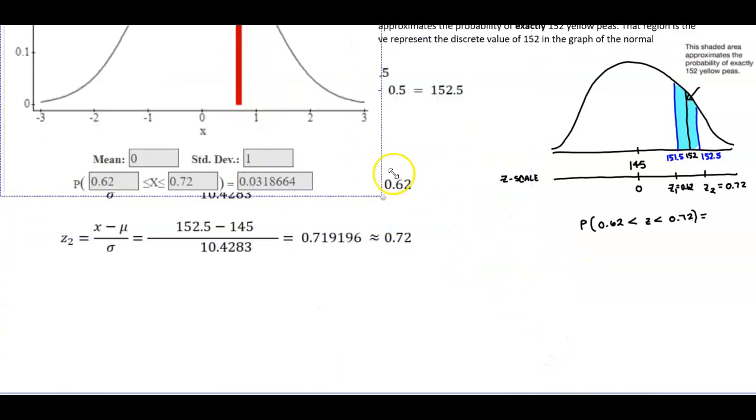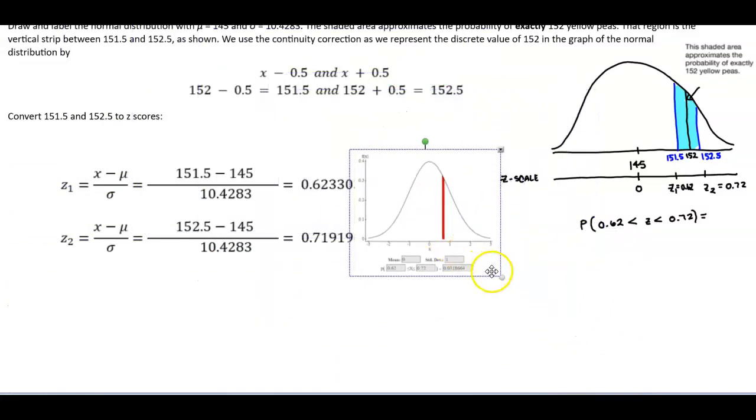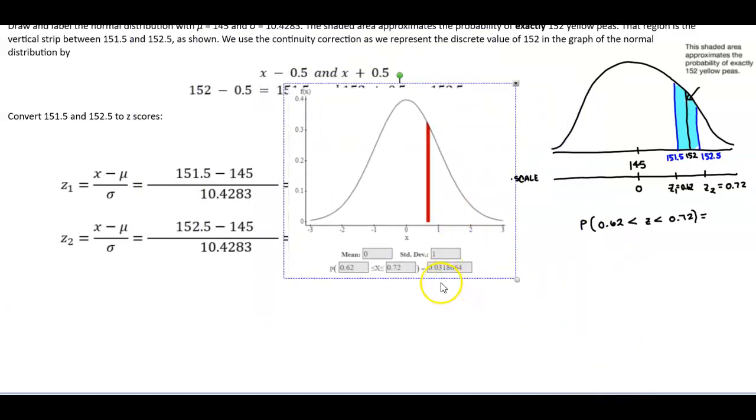You can see that the graph shows the area in between those two values. If we round that probability to 4 decimal places, we get 0.0319, which is the area in between.